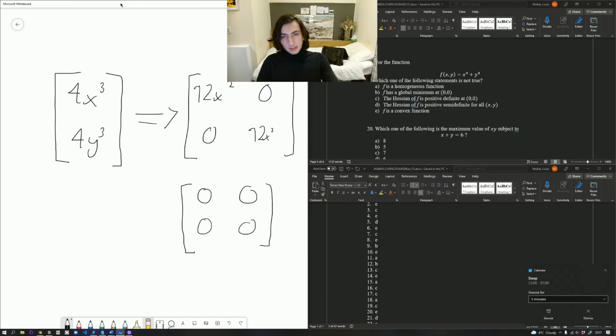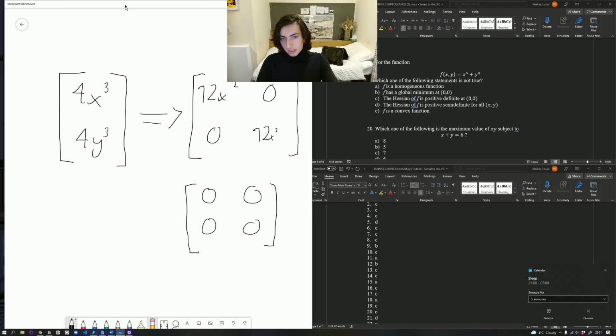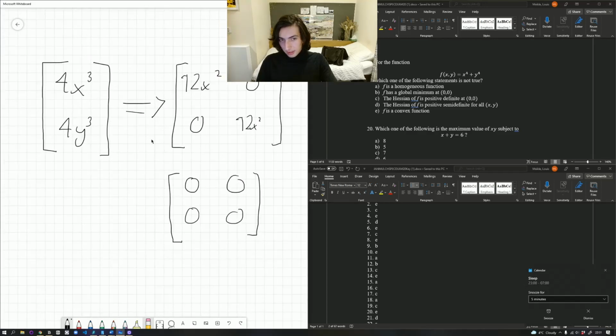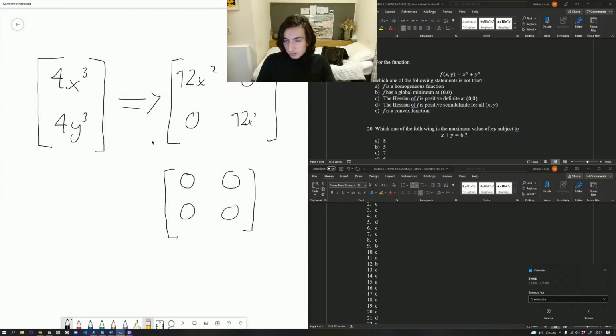The diagonal values are non-negative, and the off-diagonal is zero. So it is sufficient for a positive semi-definite, which does imply a global minimum.